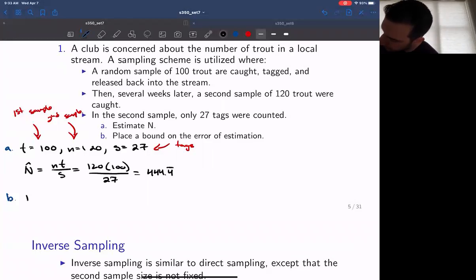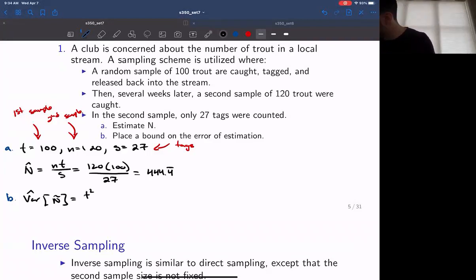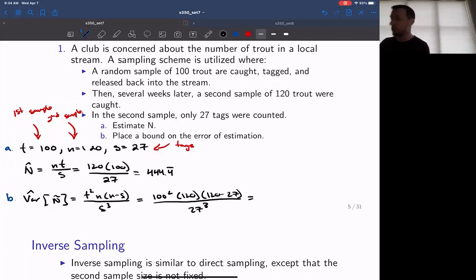Okay, so we can bound this in the usual way. The variance of N tilde is equal to t squared multiplied by (n minus s) divided by s cubed, which equals 100 squared multiplied by (120 minus 27) divided by 27 cubed, which is equal to 5,669.867.